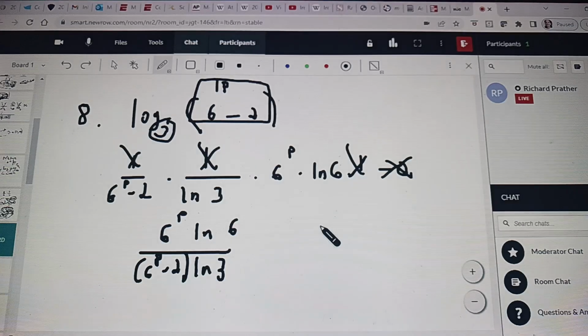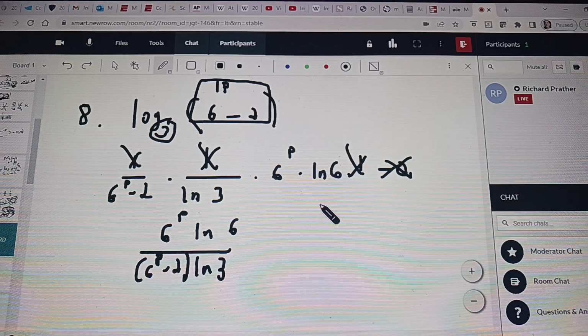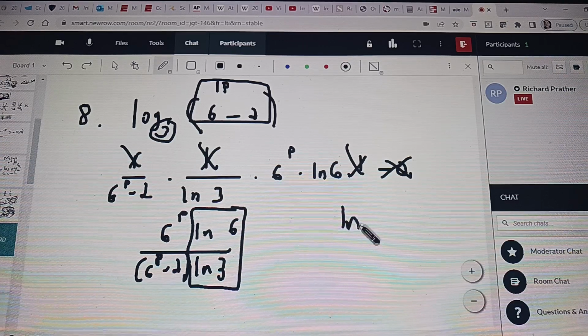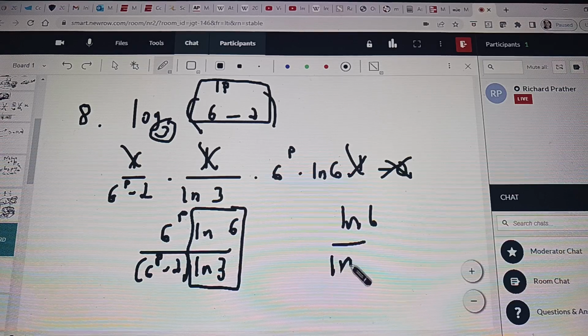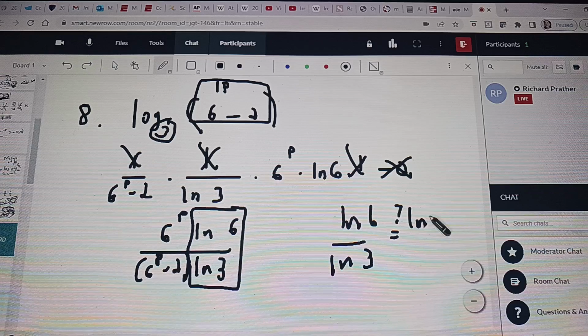And ln of 6 divided by ln of 3, when it's going back to the rules of logs, 2 logs added can be 1 log multiplied. 2 logs subtracted can be 1 log divided, but 2 logs divided doesn't equal anything. And if you're ever unsure, you could say, it seems like maybe this equals ln of 2. Could this equal ln of 2 if I did an ln of 6 divided by an ln of 3, since 6 divided by 3 is 2? Does that equal ln of 2?